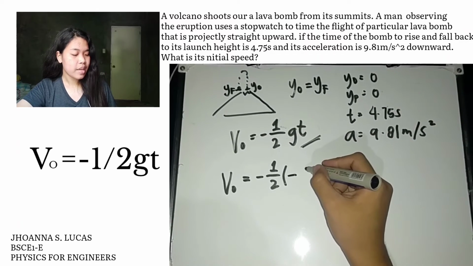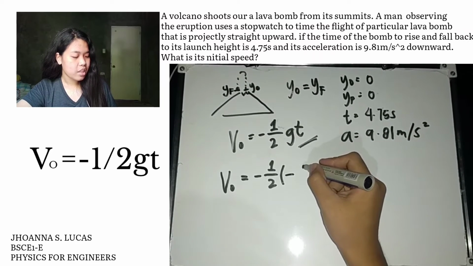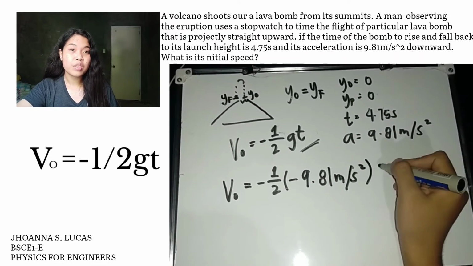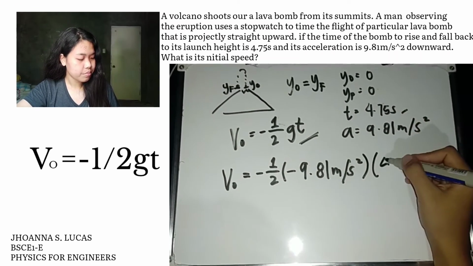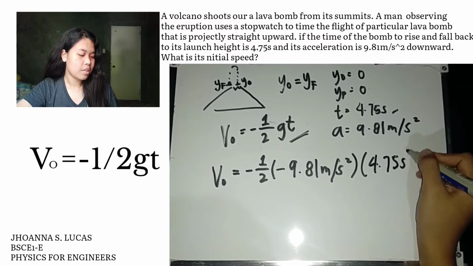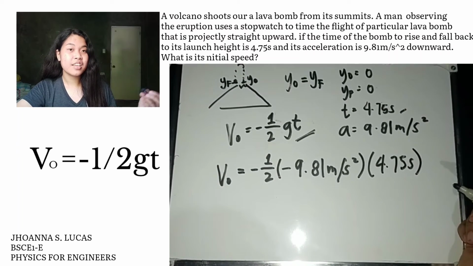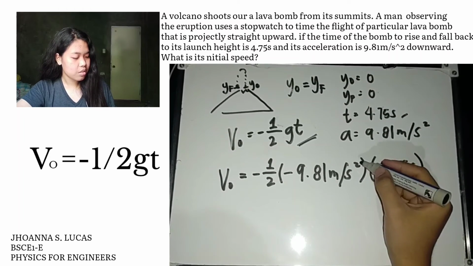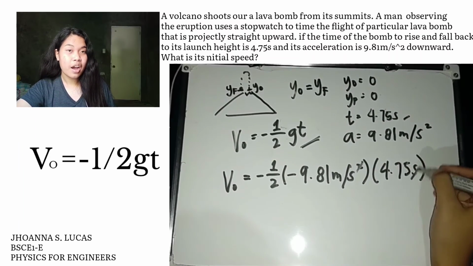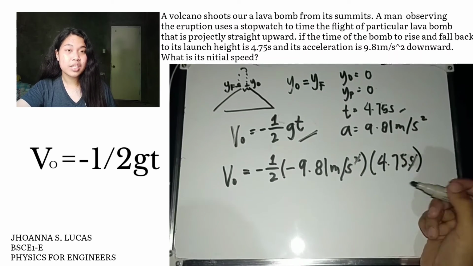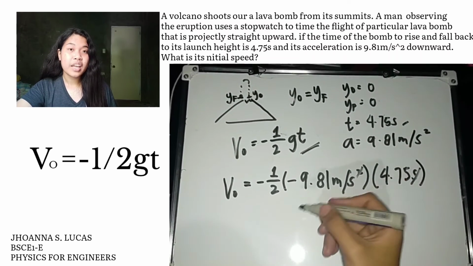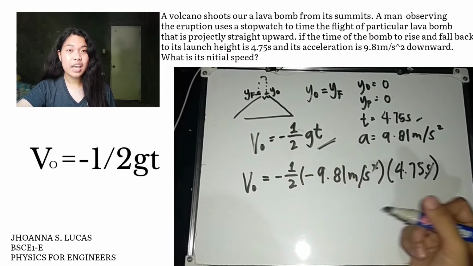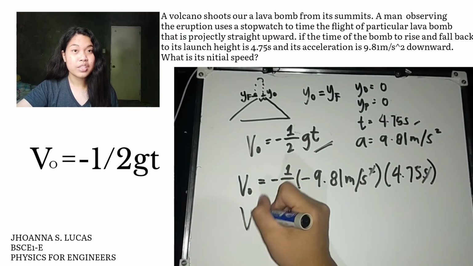So it will be negative 9.81 meter per second squared times our time, which is 4.75 seconds. Let's cancel the seconds since they both have seconds here. So now we will have initial velocity is equal to negative 1/2 times negative 9.81 meter per second times 4.75.